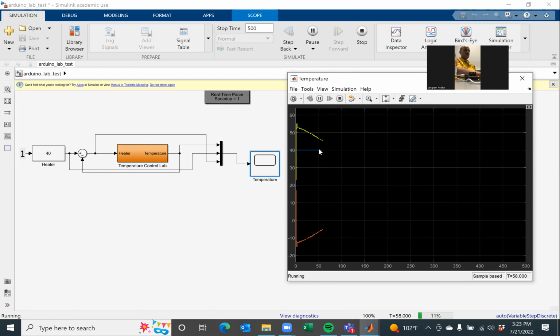And you will see this error. So this error should gradually go to 0. Can you see the proportional control working? Is it working? So this is the error. Initially the error was huge. In the proportional control, the error is approaching 0.